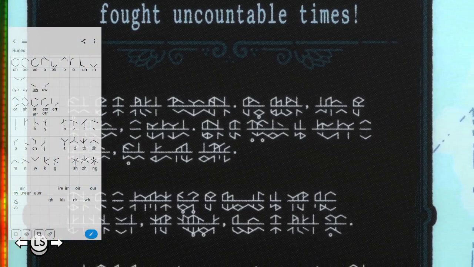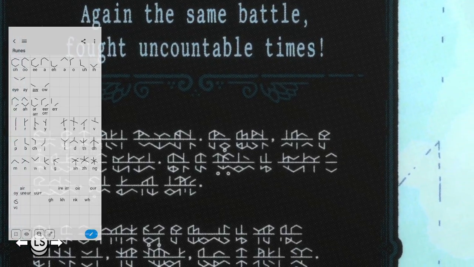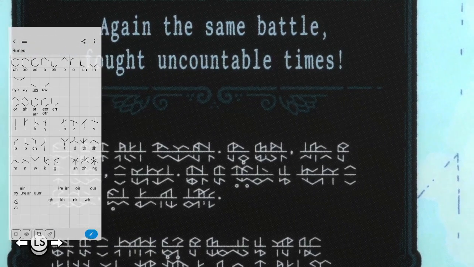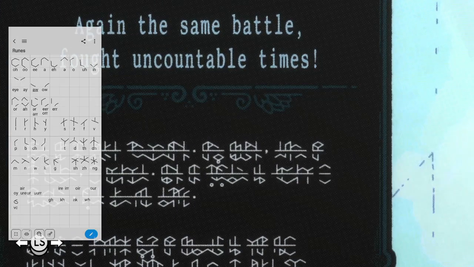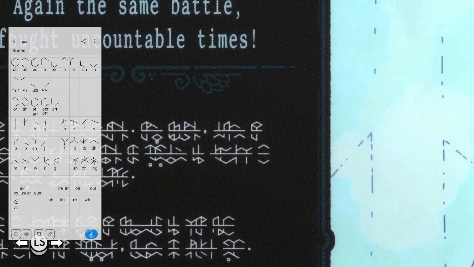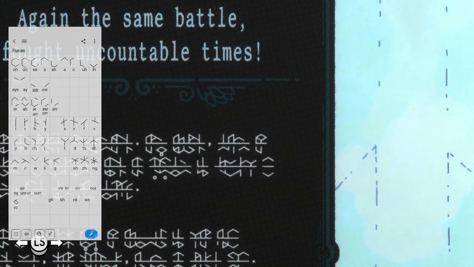Yes, it is. So the cycle continues. Ruin Seeker. No, not Ruin Seeker. This is Ruin Seekers. Okay, so there are multiple. So there have been multiple Ruin Seekers.